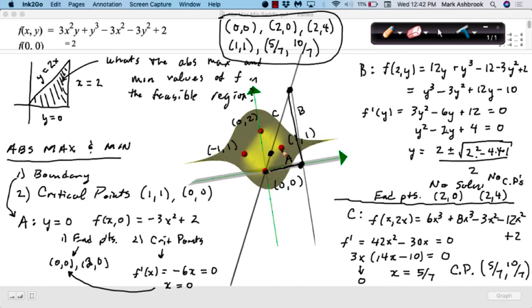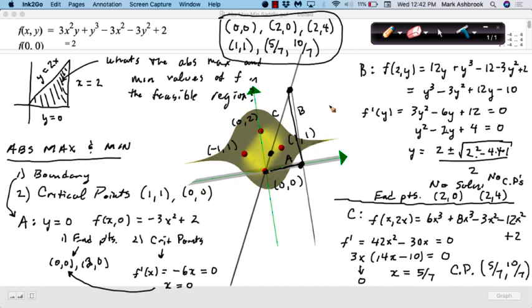And then 1, 1 was our critical point inside the region, and then we had a critical point on boundary C, 5/7, 10/7. So you throw those into the function. The biggest z is your absolute max. The least z is your absolute min. Make sense? How did we find 1, 1? That was from before, when we found the critical point that was inside the feasible region.